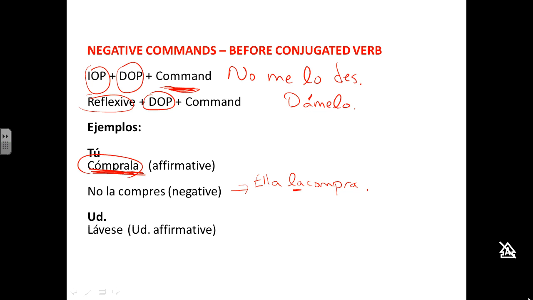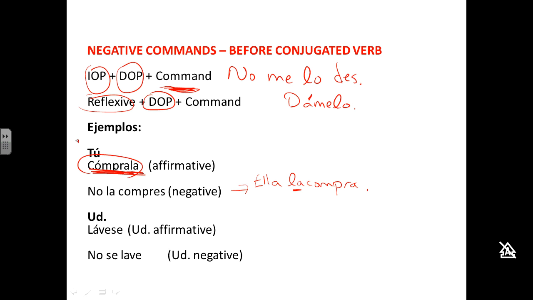Here's an usted. Lávese. Okay, lavarse. Right? So maybe you're trying to tell somebody, come in, lávese las manos. It's positive, so it's attached, and typically you have an accent mark. It's negative. Can you think about how you would do that? All you would do, it's the same formation of the command. It's no se lave.